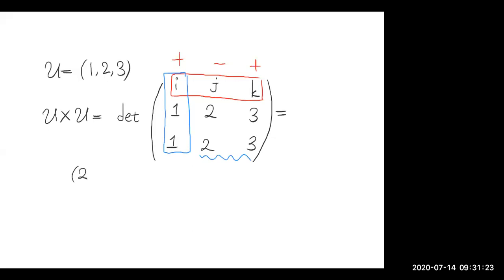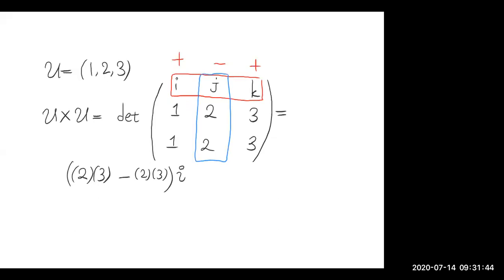It's going to be 2 times 3 minus 2 times 3. Then I multiply this by the element in this intersection, which is i. Look at the second column. I compute the determinant of the remaining part, which is this 1, 1, and this 3, 3 part. The determinant would be 1 times 3 minus 1 times 3, times the element in the intersection, which is j, with minus sign.